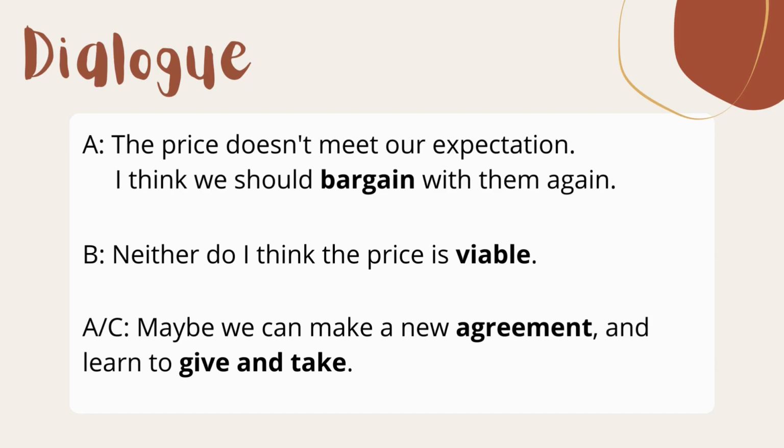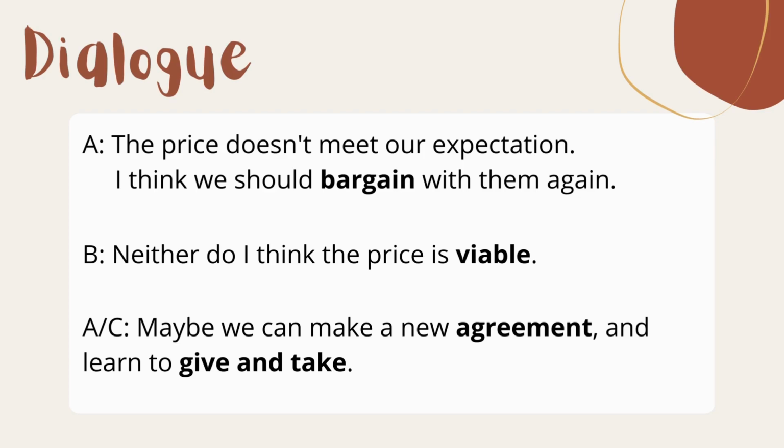And now, I'm going to have a dialogue activity. I want you to work in pairs and practice the dialogue with each other. And I will demonstrate first. First, person A says, "The price doesn't meet our expectation. I think we should bargain with them again."